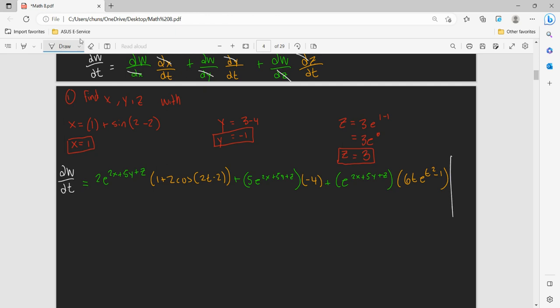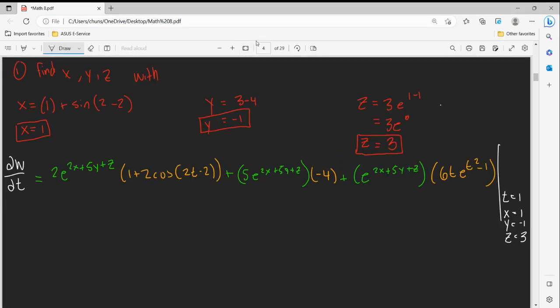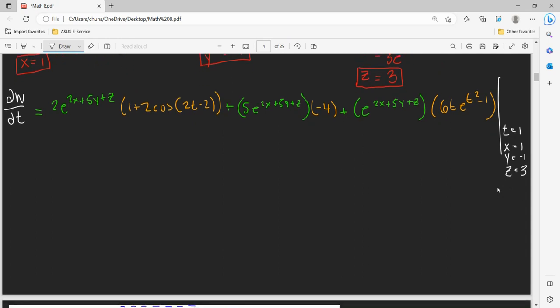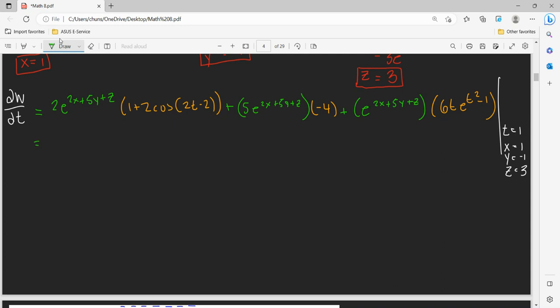And we're going to use this by plugging in our variables so we can get a final answer. So t was equal to 1, x is equal to 1, y is equal to -1, and z is equal to 3. So if we were to solve for this equation, this would give us, okay, so this is 2e to the 2 times x, which is 2, then that's -5 when we plug in our y, and z is 3.